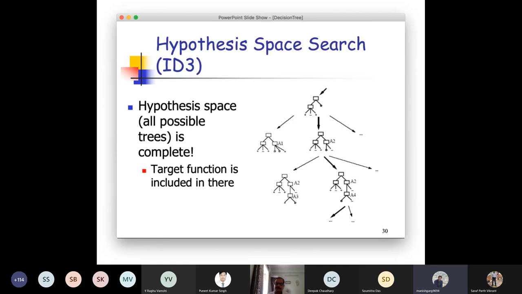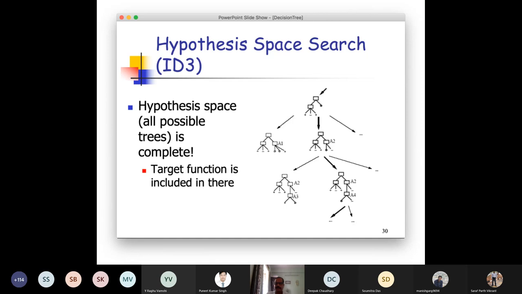Sir, we can use Gini index. I don't understand, any index? Any index means what? Can you please clarify? Suddenly you muted yourself.